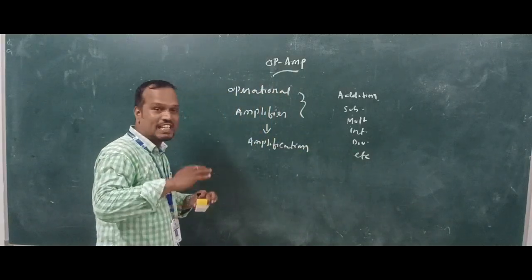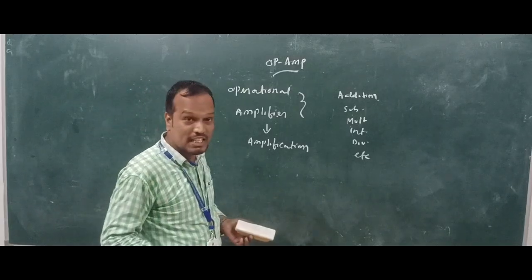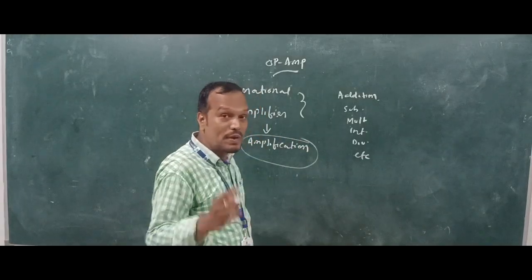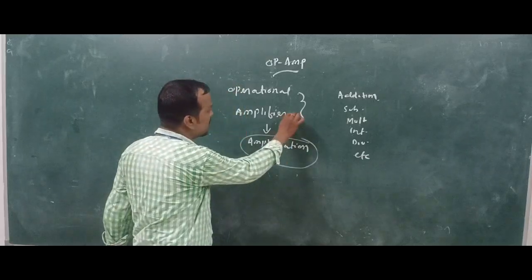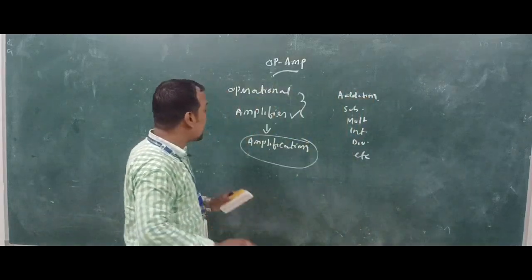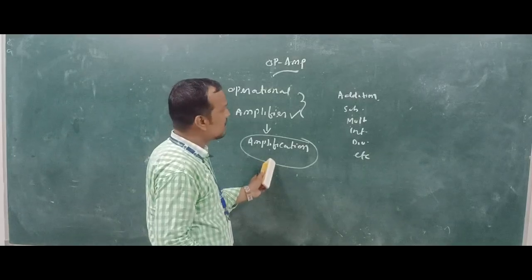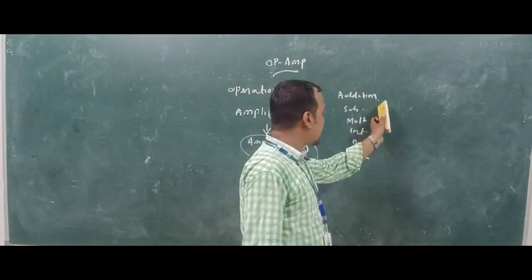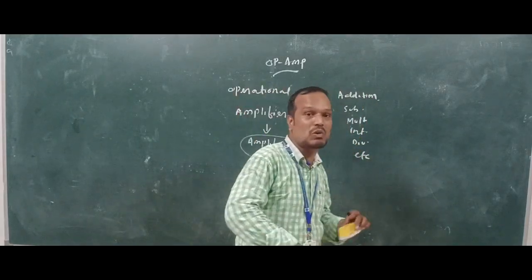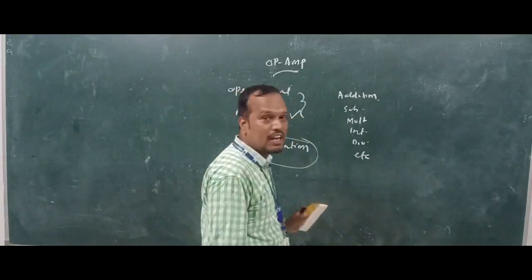The device used for the amplification process is called the amplifier. When you use the amplification technique with the help of mathematical formulas, boosting the low signal to a high signal, that device is called the operational amplifier.